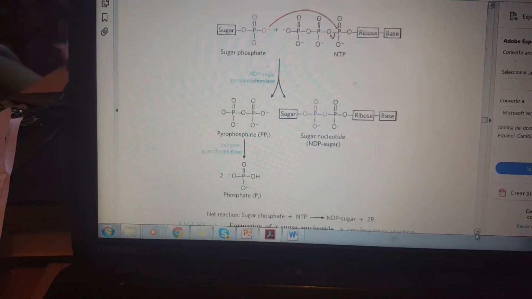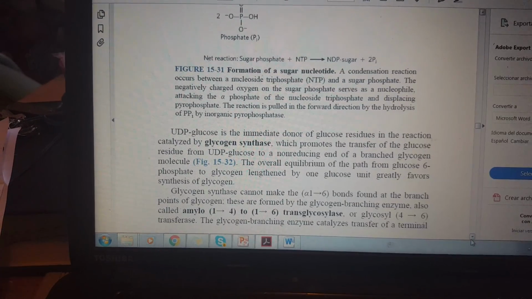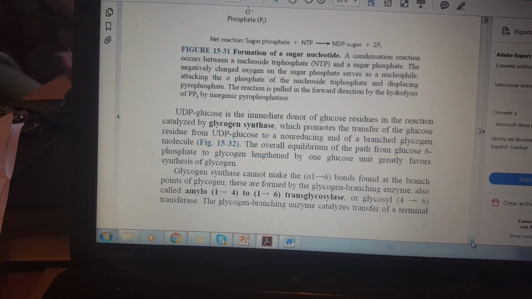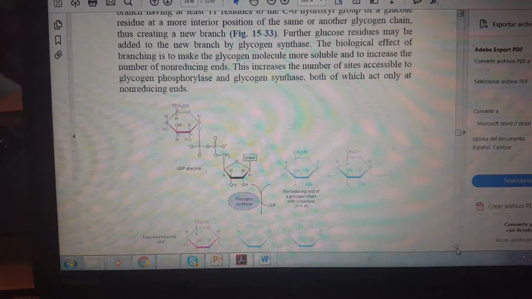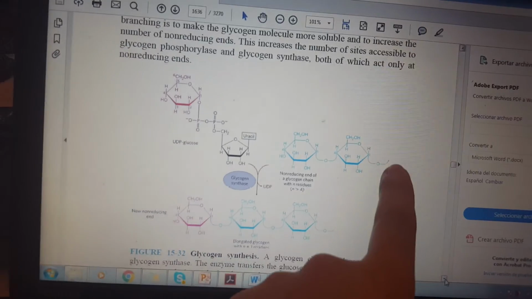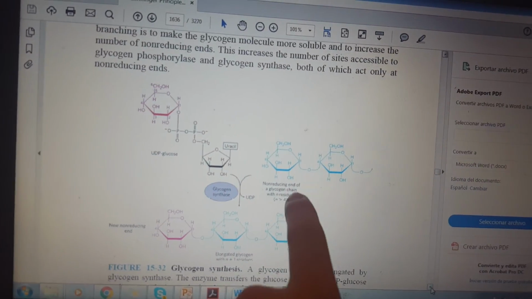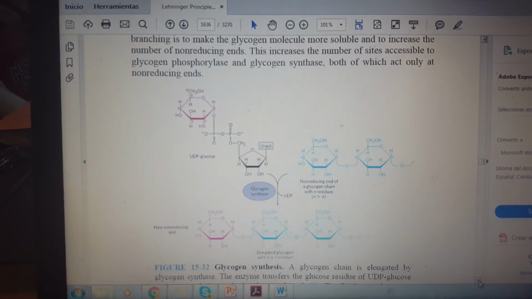This is not important. This is the synthesis of the nucleotide, but this is not of our interest here. This is what we're going to have. We have here a portion of glycogen. So how is this molecule going to be polymerized?